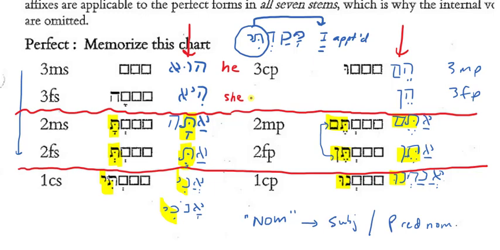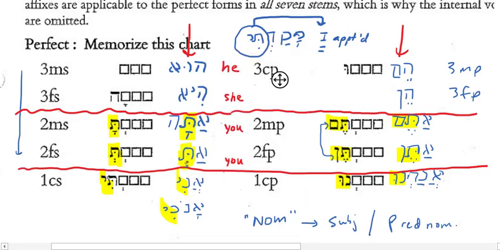Now, if you look down at the second masculine singular and second feminine singular, the pronouns are ata and at. Ata and at. And these are both you, but one of them is a masculine singular you and one's a feminine singular you. What do we notice about the forms here?